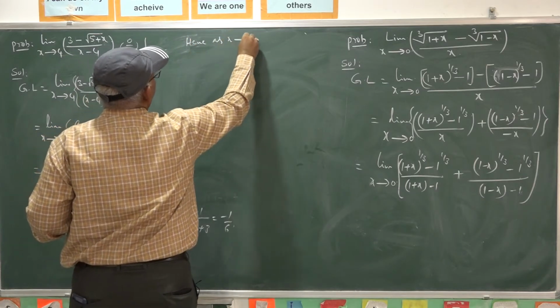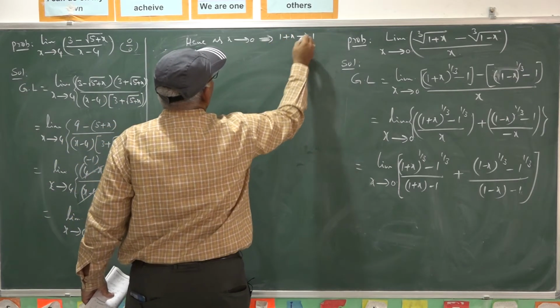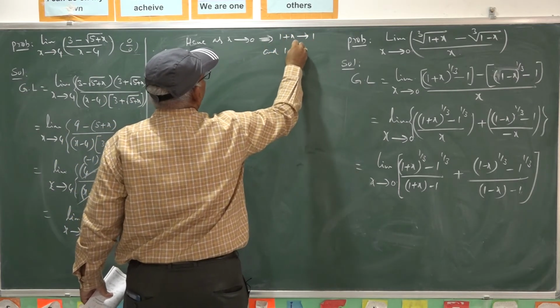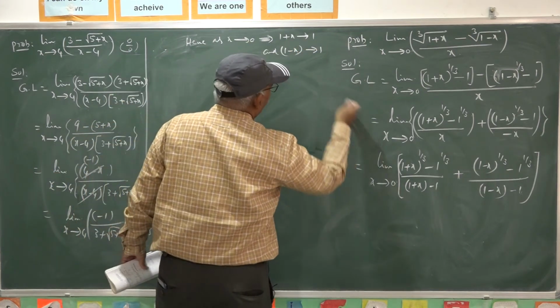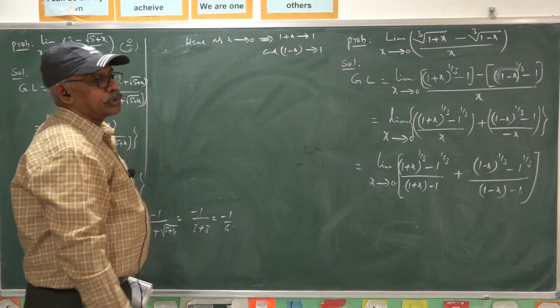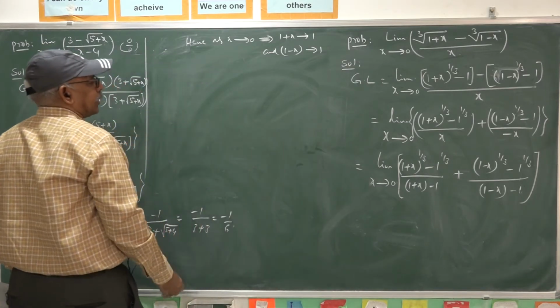As x goes to 0, 1 plus x goes to 1 and 1 minus x also goes to 1. Instead of taking x goes to 0, you can take 1 plus x goes to 1 in the first term, and 1 minus x goes to 1 in the second term.